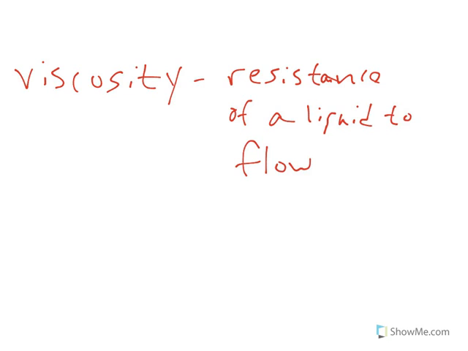So when I'm talking about flow, that just means one molecule slipping by another molecule as it would be going downhill, right? Like the flowing of a river, of course. And we've all seen this in the kitchen. You would imagine that things like honey, syrup, those would be viscous liquids, where things like water would be less viscous than something like honey.